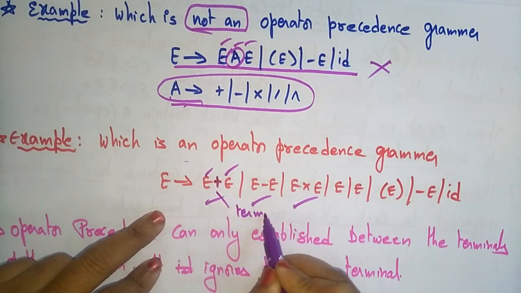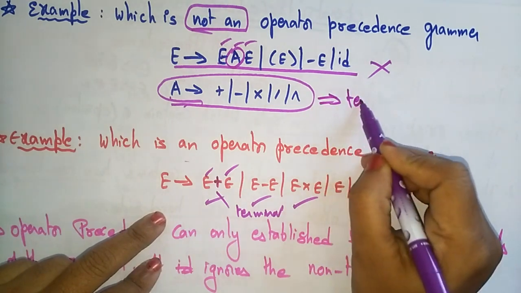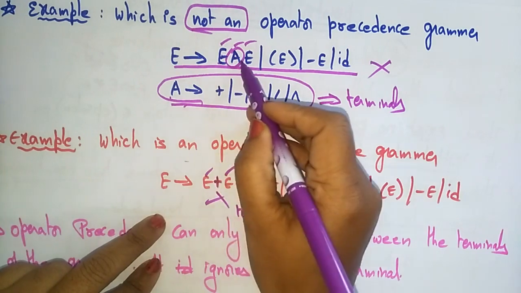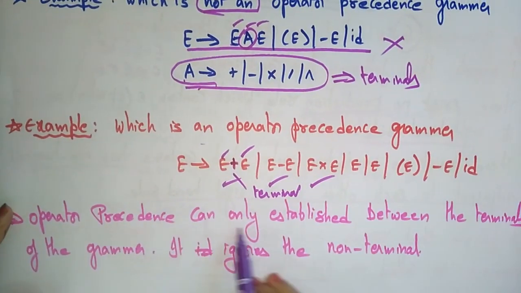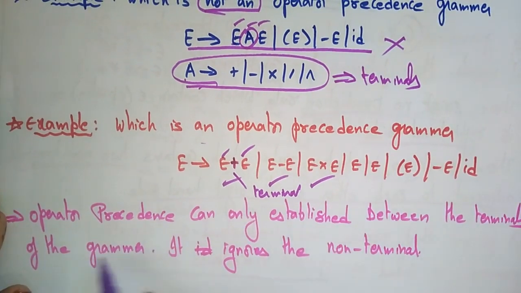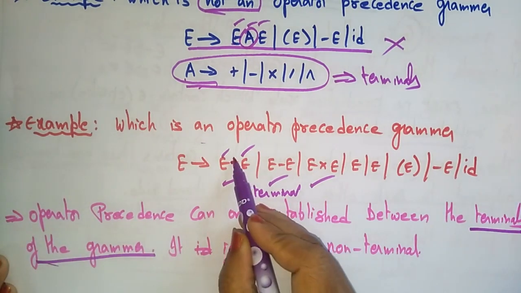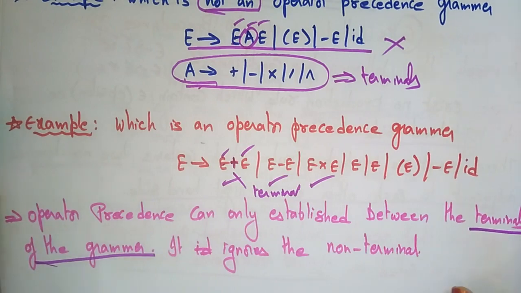Plus, minus, into are all terminals, and the letters E, A, E are the non-terminals. Operator precedence can only be established between the terminals of a grammar. It ignores the non-terminals.